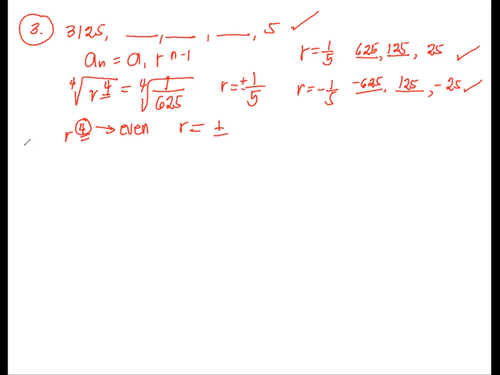So for example, number 4, we found out earlier that if your sequence is negative 25 over 8, then you have to insert 3 geometric means.